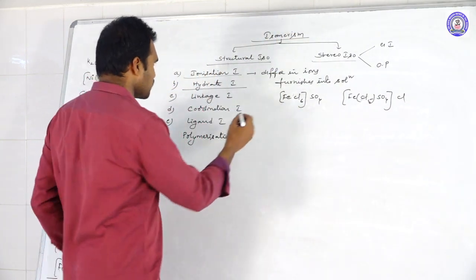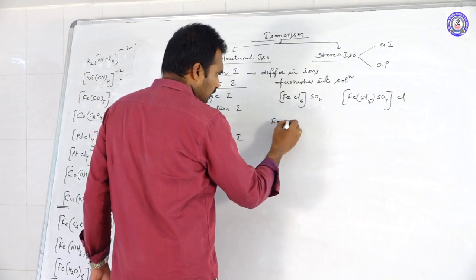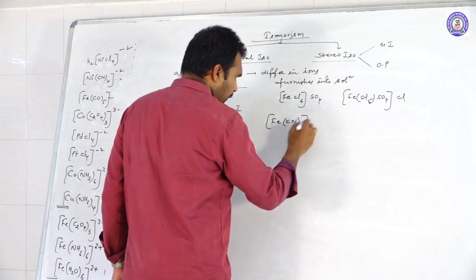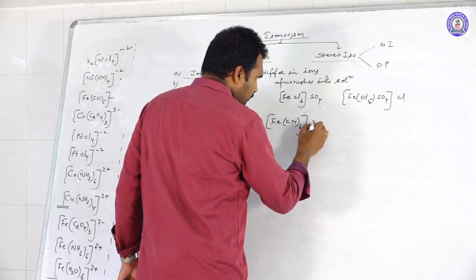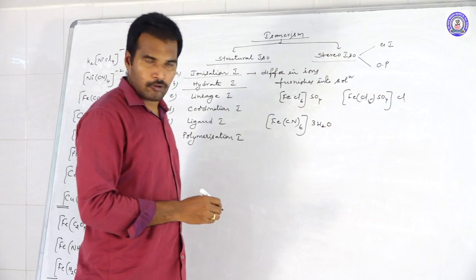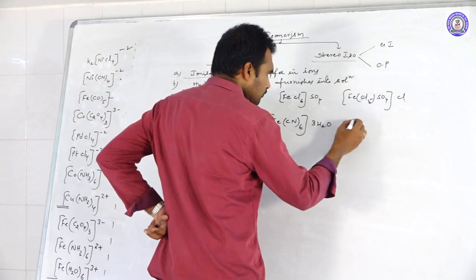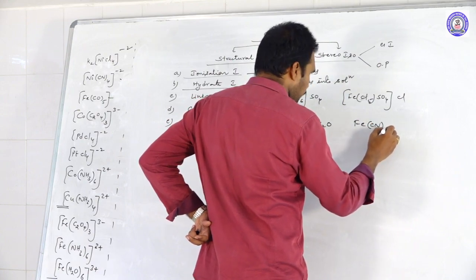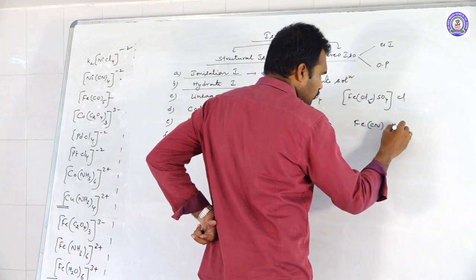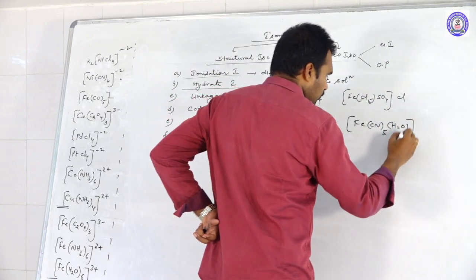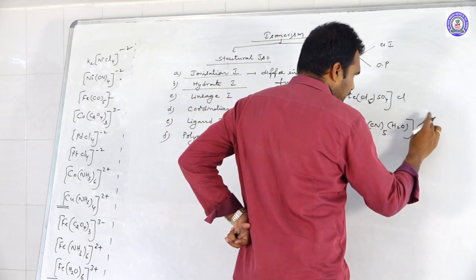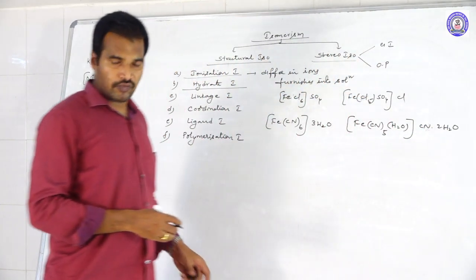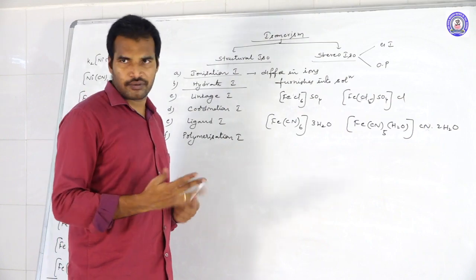For example, see [Fe(CN)6]·3H2O and [Fe(CN)5(H2O)]·CN·2H2O. What is the difference? Here the total molecular formula remains the same.